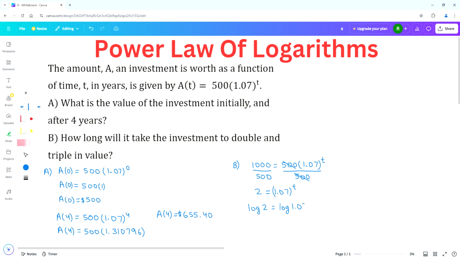Next, we should use the power law of logarithms to move the exponent t to the front of the log term. Next, we should divide both sides by log 1.07.